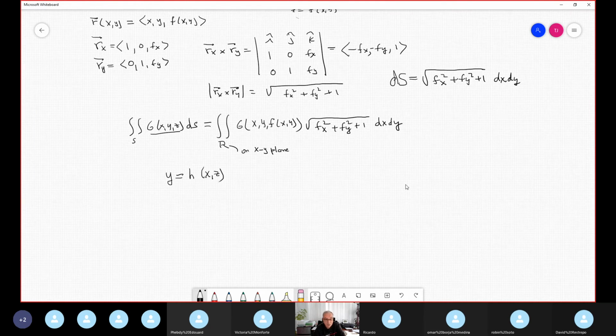In this case x is x, y is the function, which I call h instead of f, and z is z. And the formula is very similar.